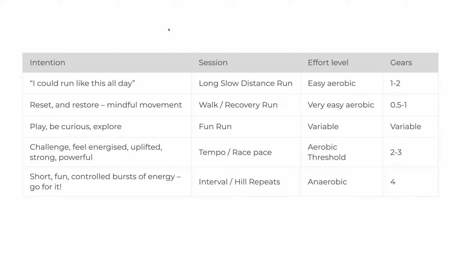The intention and the purpose of that run is to explore, to play, and be curious. If you're running on a trail, then maybe check a little bit off the beaten track, stop and do some squats, or have a little climb on some logs, or hang from a tree, or anything that's just playful. We are allowed to play.